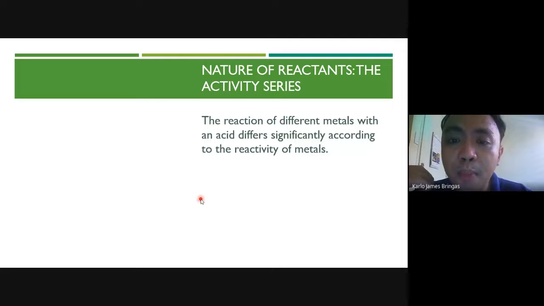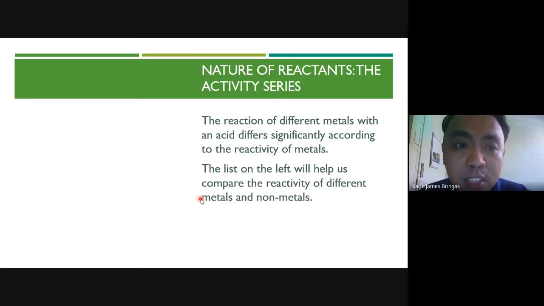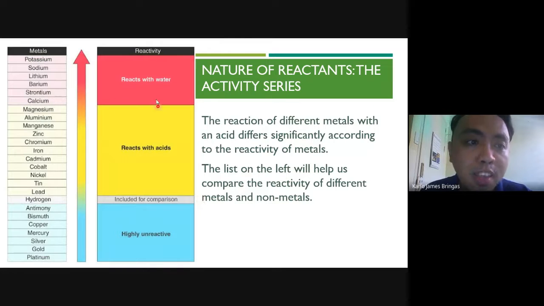If you have different metals, let's say, and we try to react them with an acid, the reaction might have different speeds depending on the reactivity ng metals. We have this list on the left, which allows us to compare the reactivity of different metals and nonmetals. We call this list the activity series.